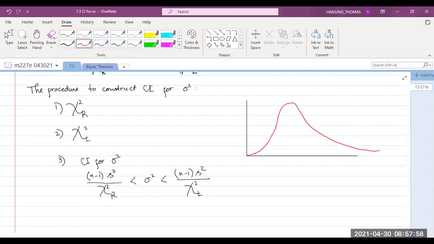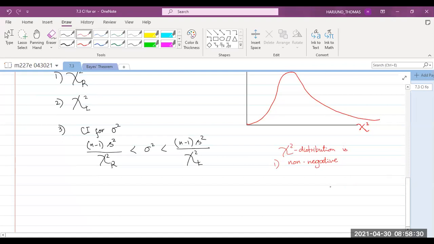First, it is non-negative. It's not like our T distribution or Z distribution.